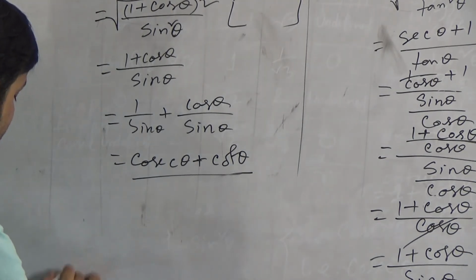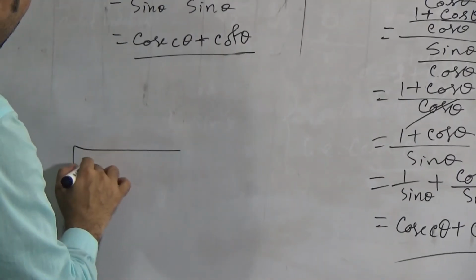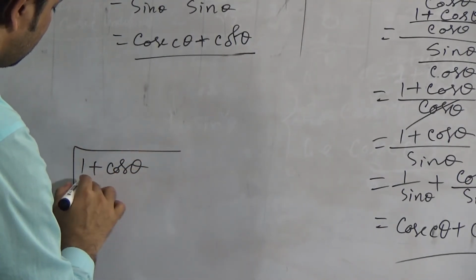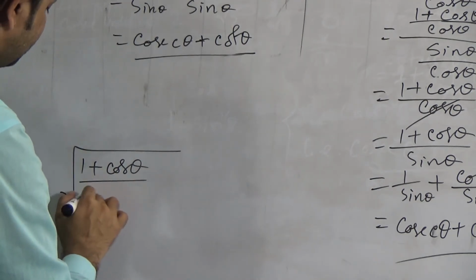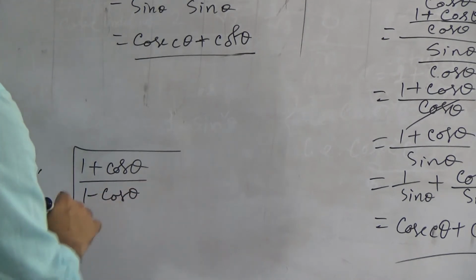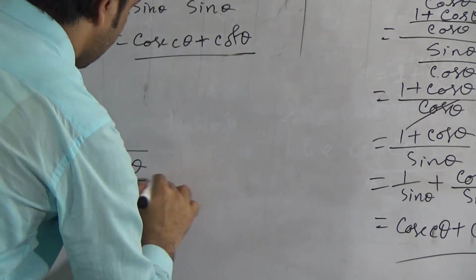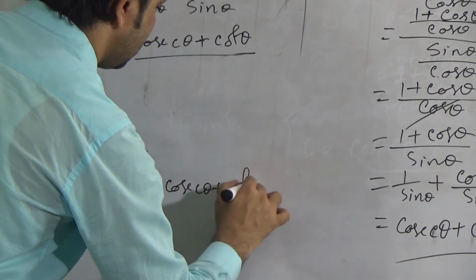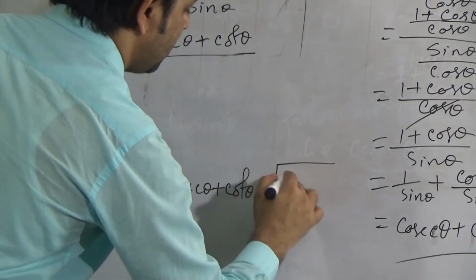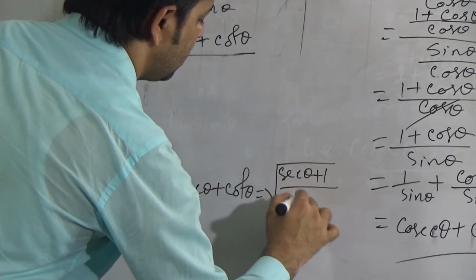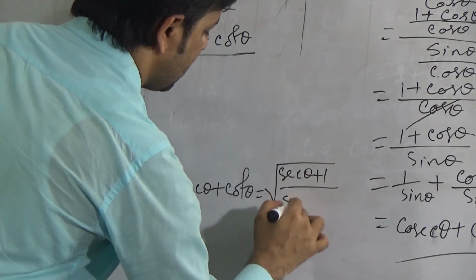So we can write here square root of 1 plus cos theta divided by 1 minus cos theta is equal to cosec theta plus cot theta, equal to square root of sec theta plus 1 divided by sec theta minus 1.